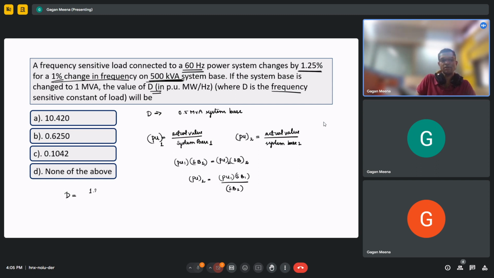So this is 1.25% change in load divided by the change in frequency, 1% of 60, and this is 1.25% of 0.5.